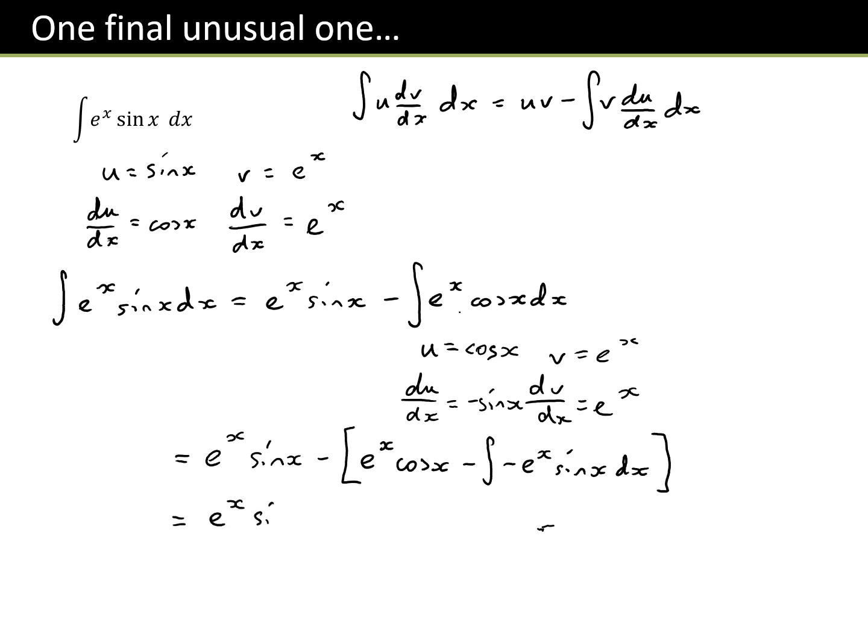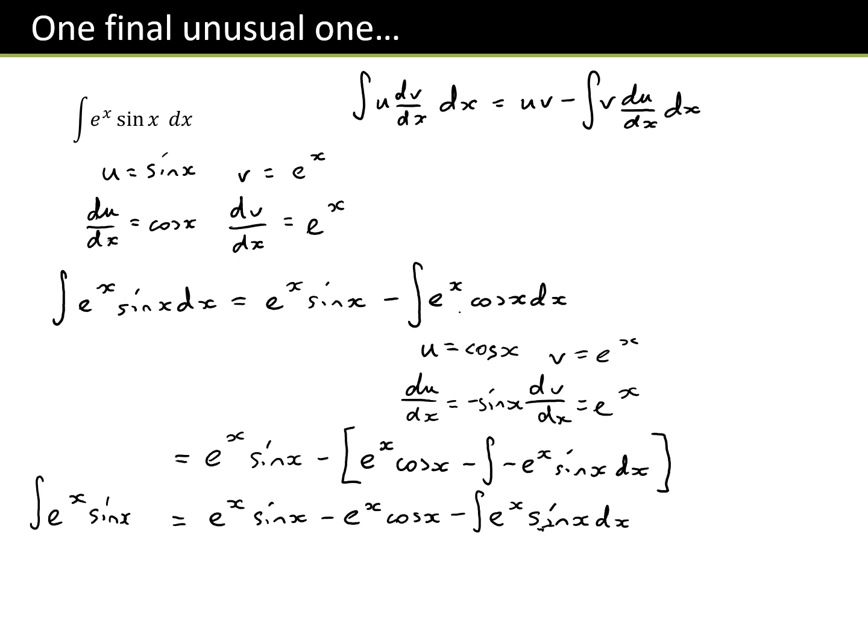Let's expand the brackets just to make it look a bit nicer. So minus and a minus become a plus. So plus times another minus makes it minus.